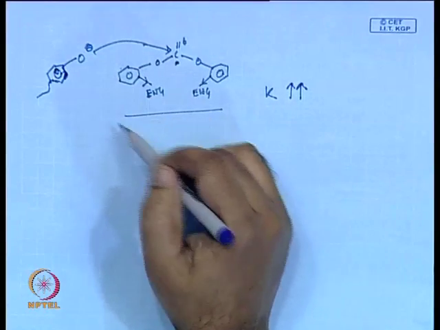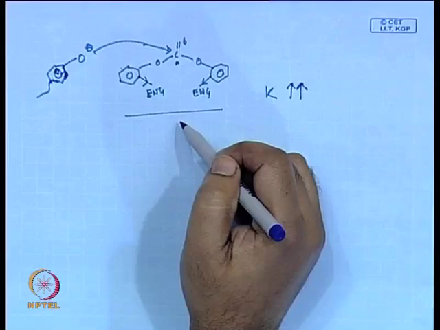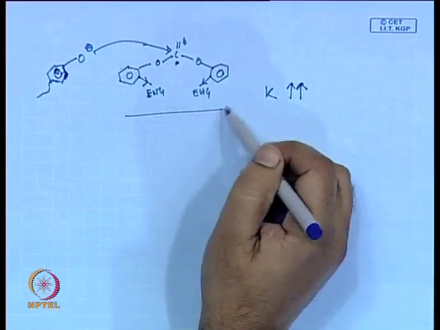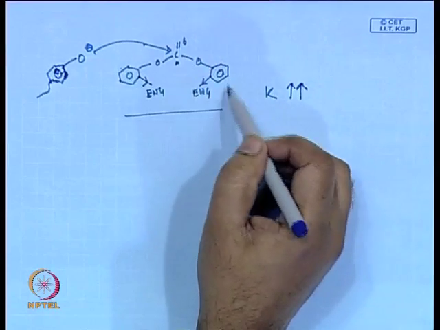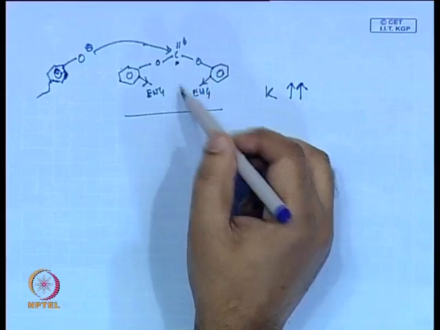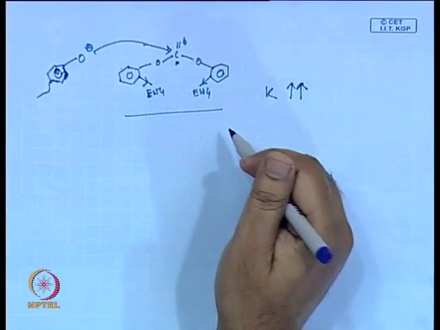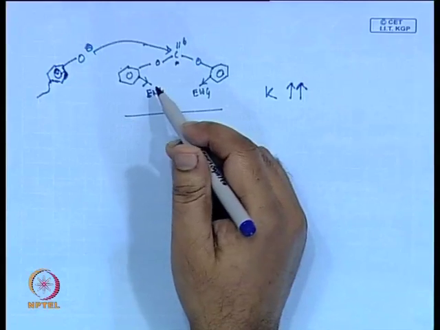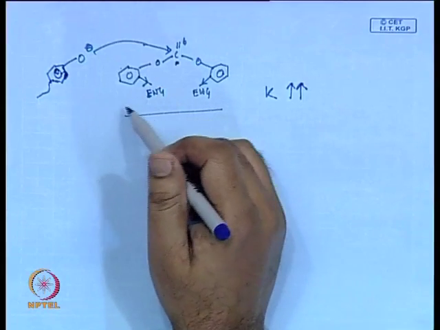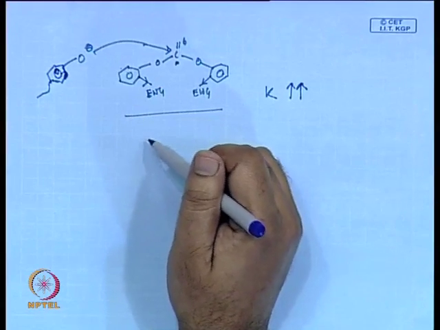So, in this case you can afford to keep this condensate at a much higher level compared to just phenol, where we showed that the reaction equilibrium constant was 1.